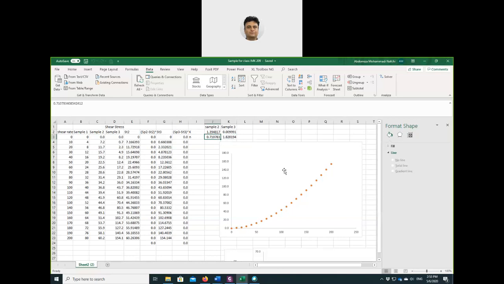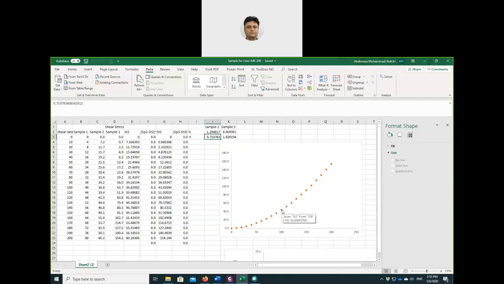So this is one of the uses of model fitting to find the viscosity, everything here. Another question arises: can you compare the viscosity? For non-Newtonian fluids we do not have viscosity, we have apparent viscosity.